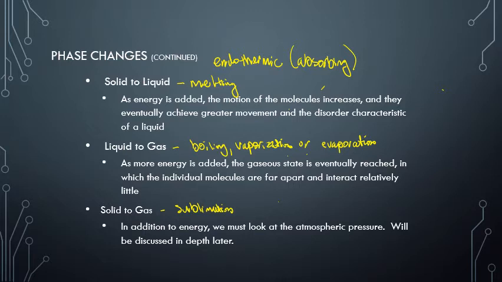And finally, the solid to the gas is kind of unique. In addition to having a proper amount of energy, we also have to look at the atmospheric pressure. We're going to talk about phase changes in terms of some different types of diagrams coming up, and we will discuss this sublimation process in much greater depth at that time.